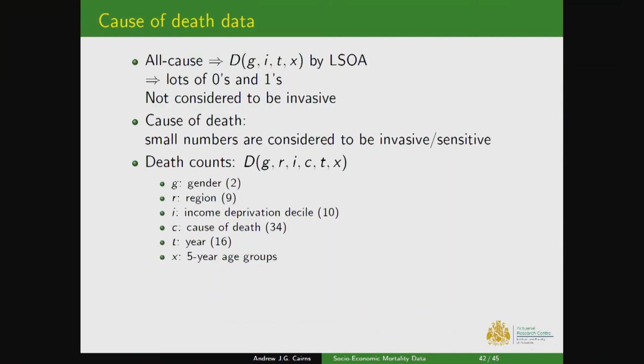And then lastly, just a very brief comment about cause of death data, but then I'll come back to that later on. Instead of all-cause data up here, where we have lots of zeros and ones, the ONS, our Office for National Statistics, are quite happy with that in terms of all-cause data. So that's not considered to be invasive or sensitive data. But the same is not true for cause of death.